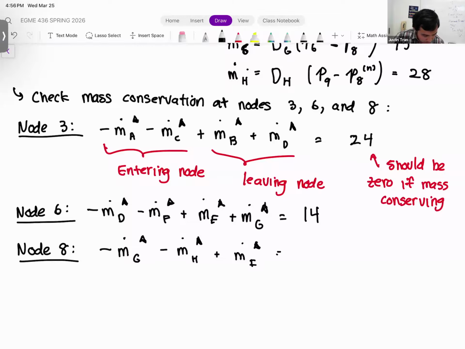All right, and so we have a system here where we're not mass conserving. So we do need to correct these mass flow rates, and we do need to correct our pressures as well.